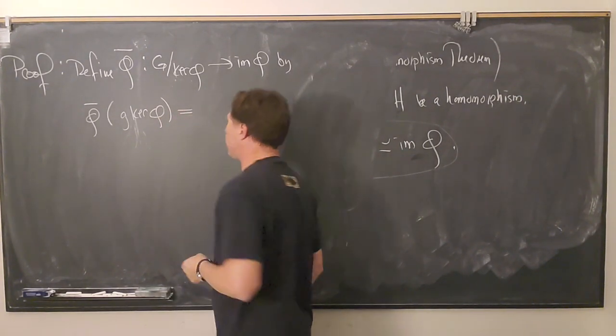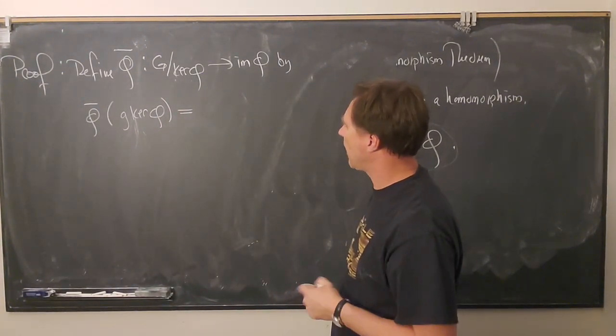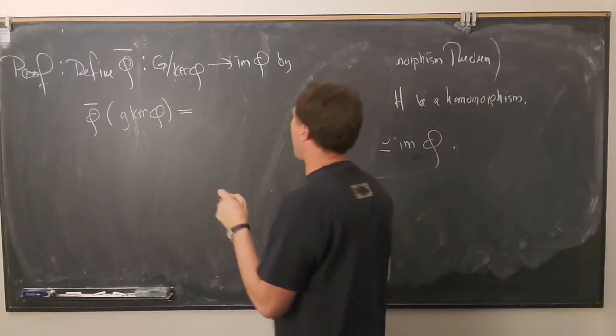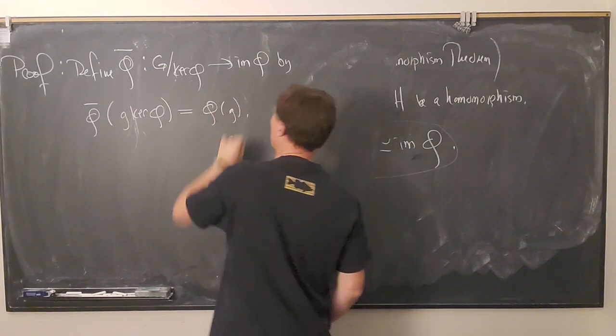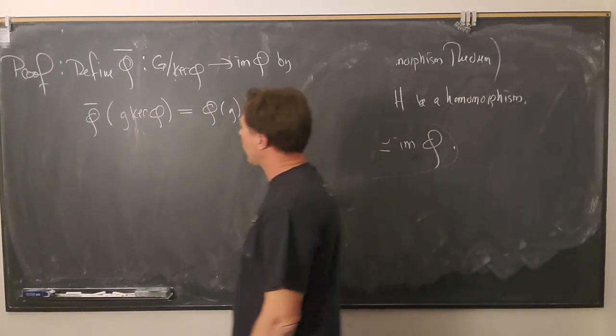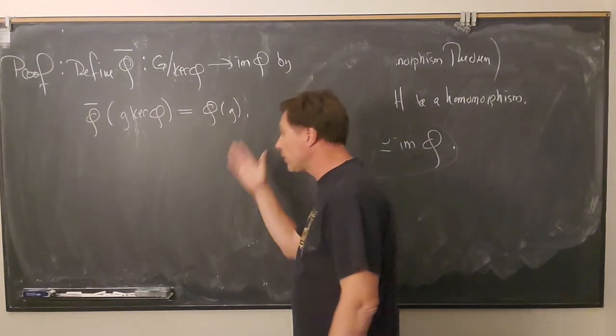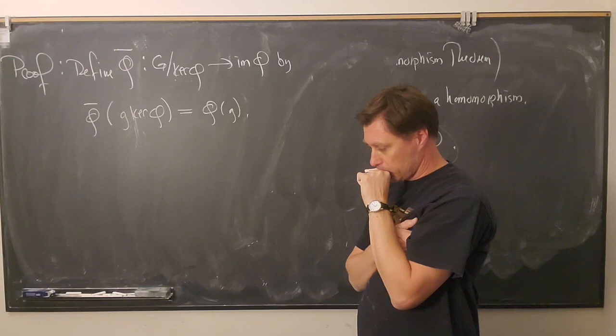And for the output, I need an element of the image of phi. There's really only one obvious thing to do. The output here is going to be phi of g. So there's a formula, and now we want to show that this actually gives us an isomorphism.